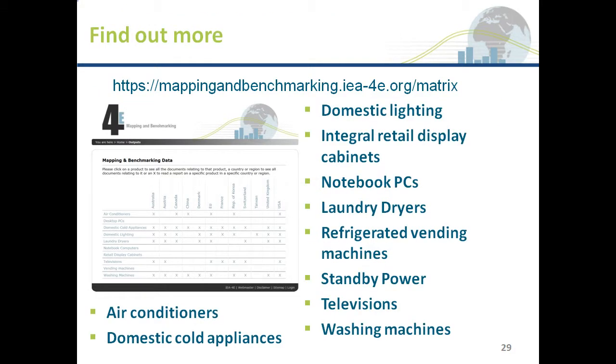So this is one report of a number of benchmarking reports on different products that are available through the website. This is a list of the currently available reports, and there will be another one coming along during 2013 on set-top boxes.